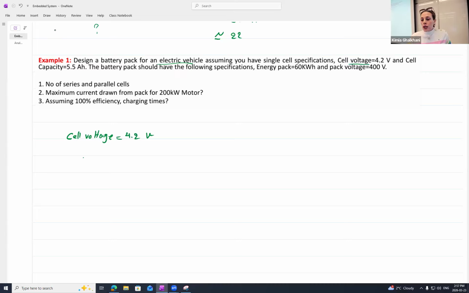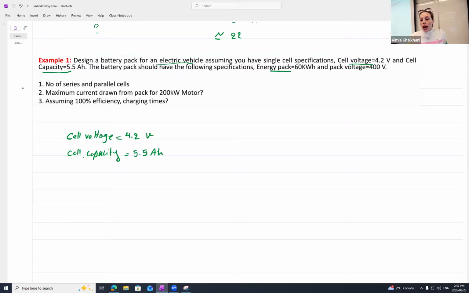This is my cell voltage, and cell capacity to be 5.5 amp hour.